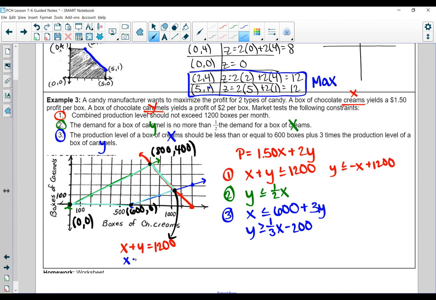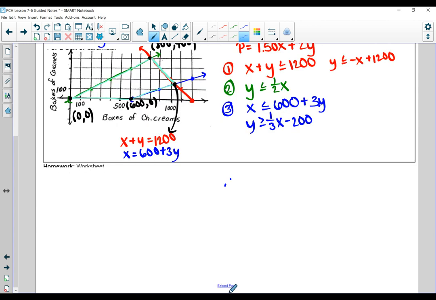So I've got x is equal to 600 plus 3y, and I could just do substitution here. It lends itself very nicely. So I've got 600 plus 3y plus y is equal to 1200.